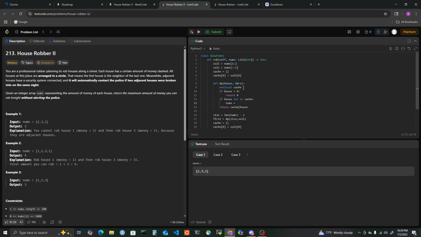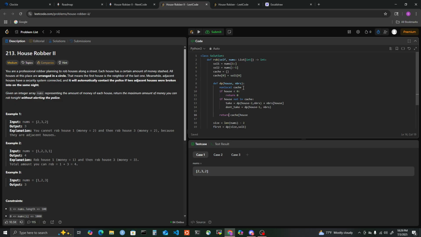take equals dp of house minus 2, we're going to include neighbors on this, plus neighbors of house, and then don't take, it's just going to equal to dp of house minus 1 neighbors, and we will get the max.